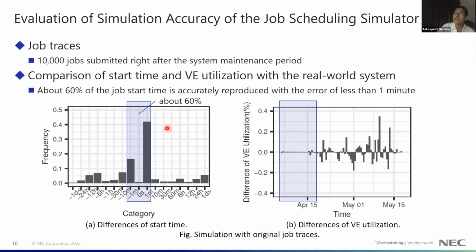All job queues in the simulation are empty at the beginning. So we use 10,000 job records since the system maintenance in April 2021. By using this job data set, the initial status of each job queue in the simulation is the same as that in the observation.